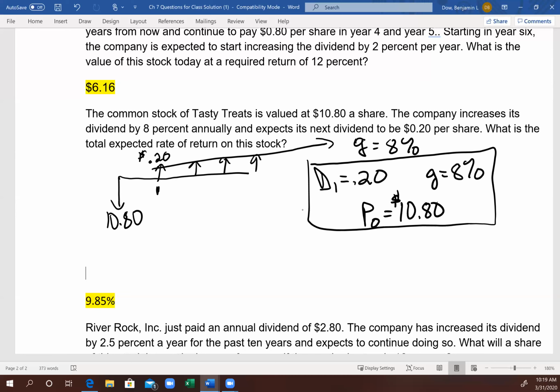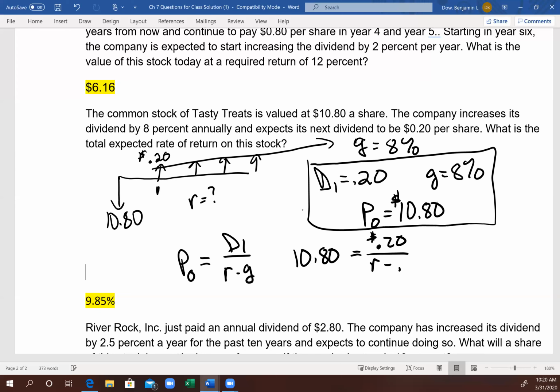So we're now solving for R. So if we go back and say, if P0 is equal to D1 divided by R minus G, but if we knew P0 and we were given D1 and we were given G at 8%, then how can we solve for R?